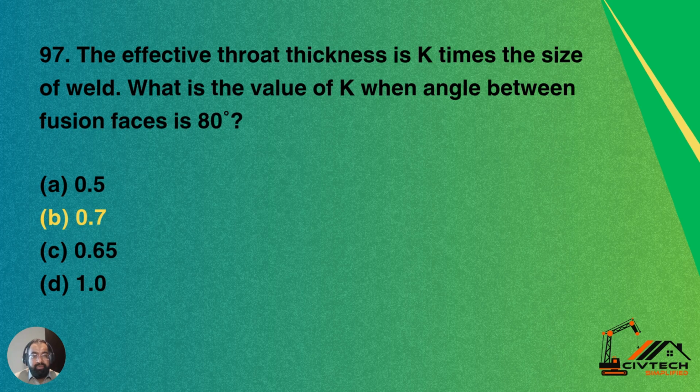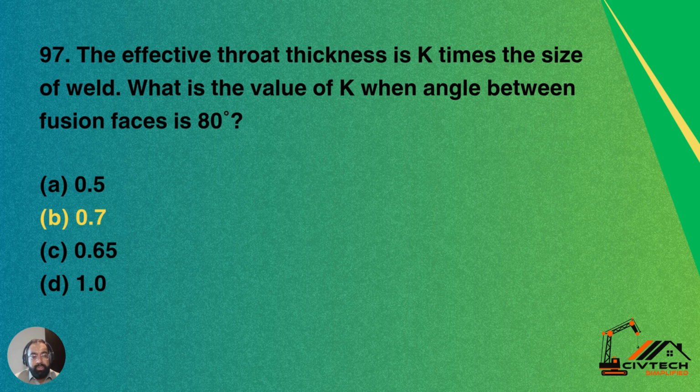The effective throat thickness is K times the size of weld. What is the value of K when the angle between fusion faces is 80 degrees?